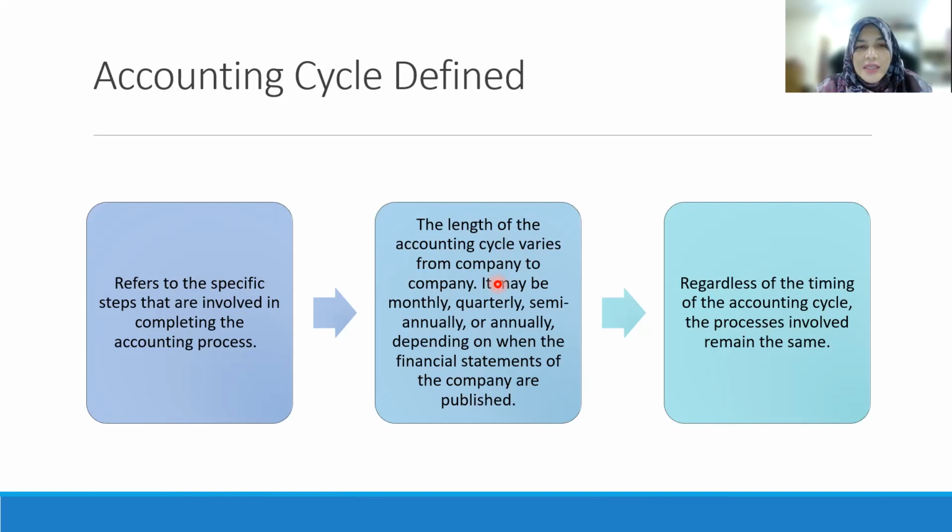And of course, to match the sale, to know how much profit, they have to record how much inventory that they bought from the supplier. So that's all. Yeah, but company like Nestle, definitely they have a lengthy process of accounting cycle.